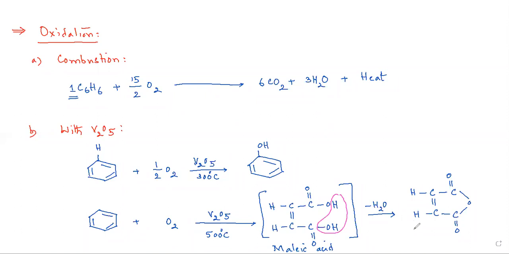Okay. So this is maleic anhydride. In fact, this reaction is very interesting, very important. Okay. So this is oxidation with vanadium pentoxide.